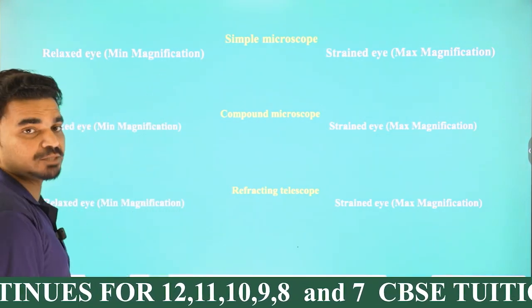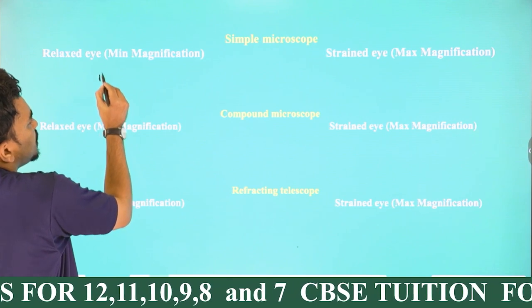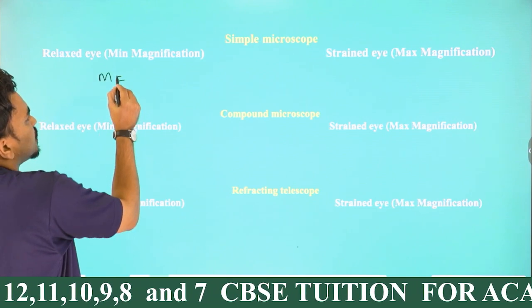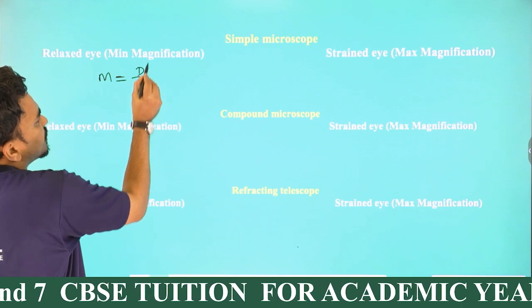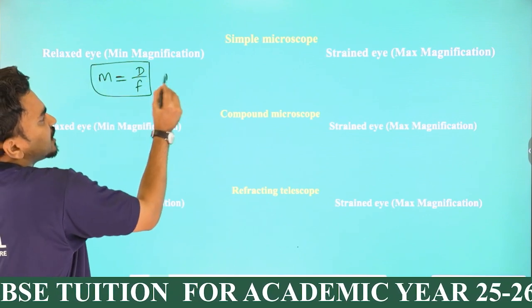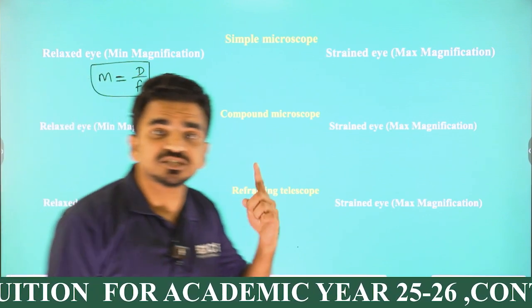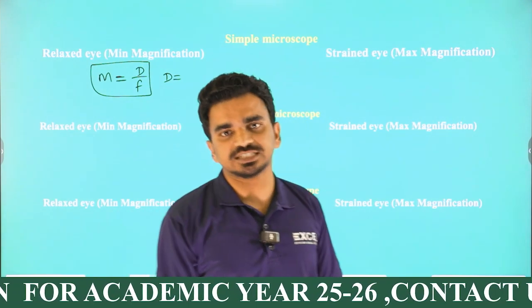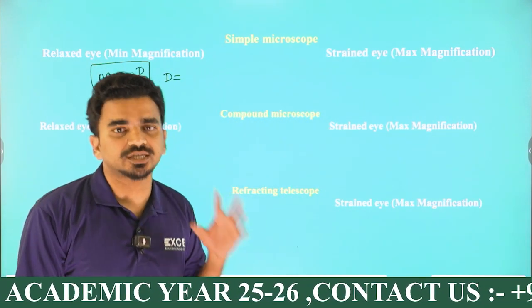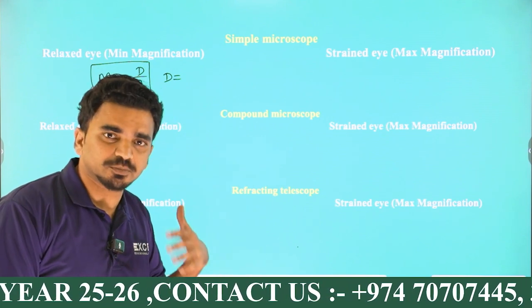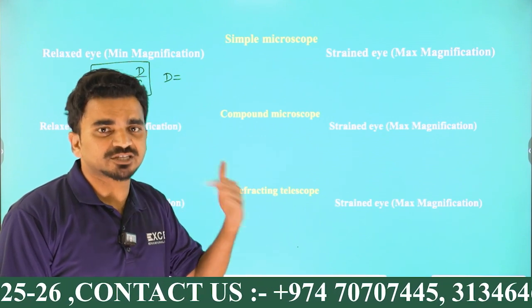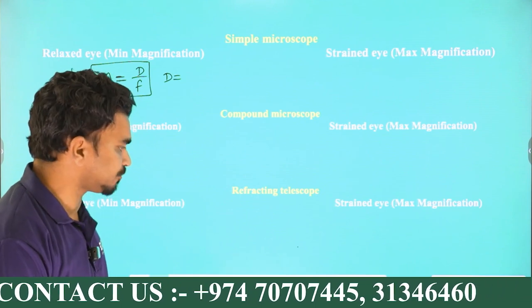For the relaxed eye, minimum magnification case, the simple microscope formula is D by F, where D is the least distance of distinct vision. For a normal eye, it is 25 centimeter. Sometimes optical instruments are used by people with eye defects, so D varies depending on the person.